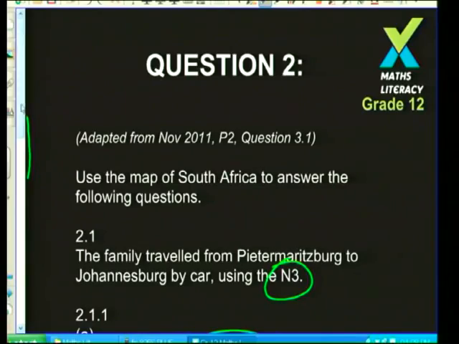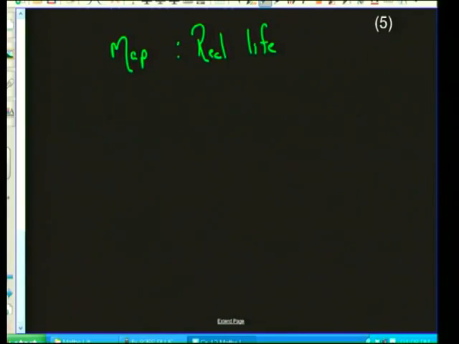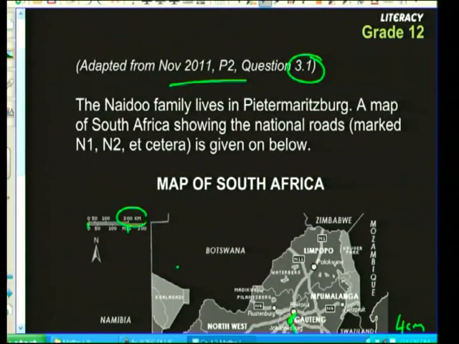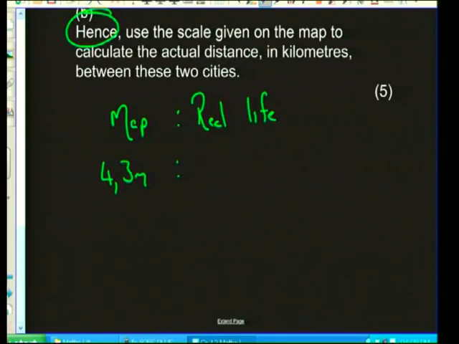So, what does that mean? That means that on the map itself, 4,3 centimeters represents what? Do you remember? Let's have a look. Represents 300 kilometers. So 4,3 centimeters represents 300 kilometers.